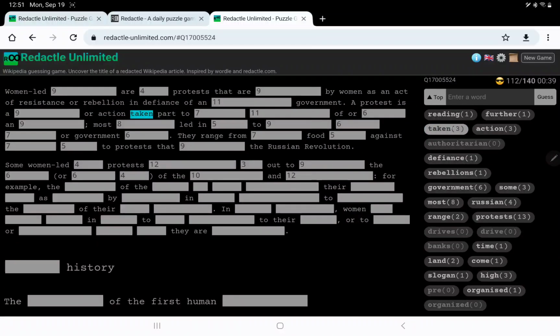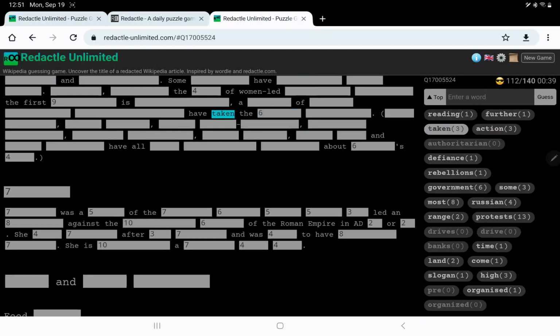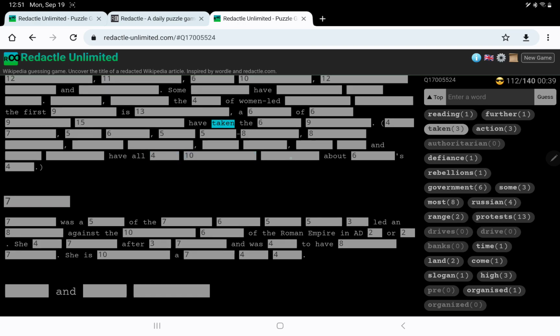Let's look at our takens. A 6 of 6, 9, 15 have taken the 6, 9. Have all 4, 10, 8, about 6 is 4.